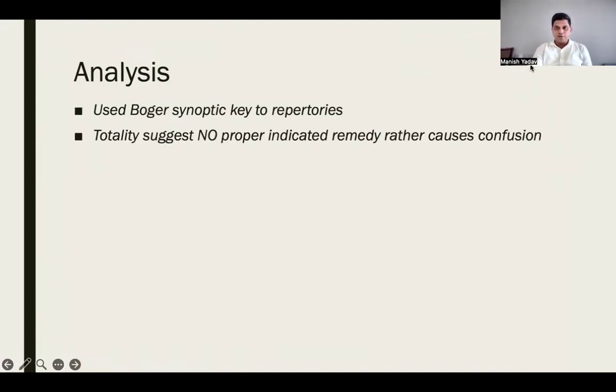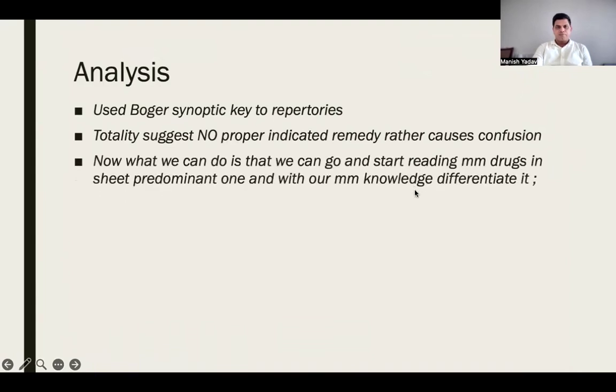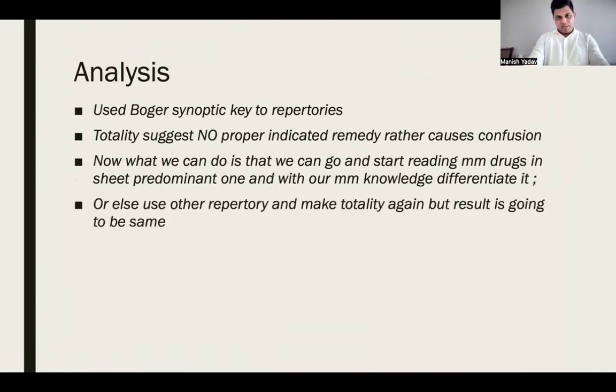Rather, it causes confusion. Now, what we can do is go and start reading the drugs in the sheet, the rubrics and remedies which are predominant, and with our mathematical knowledge, we can definitely differentiate. Or else use another repertory and make the totality again, but the result is going to be rather the same.